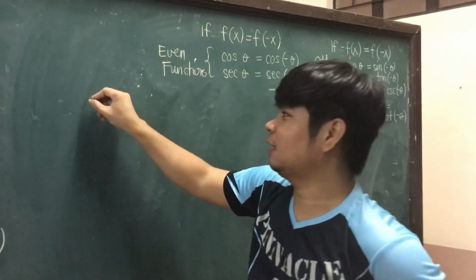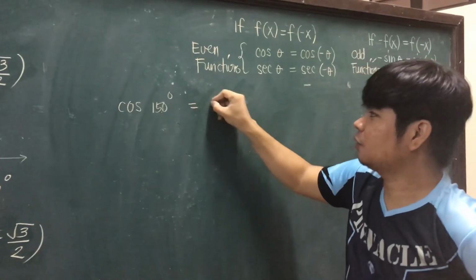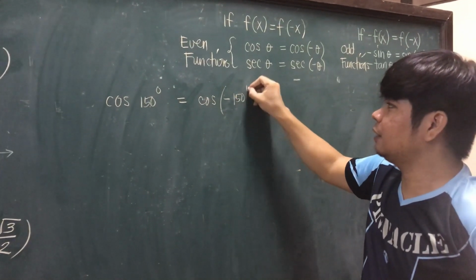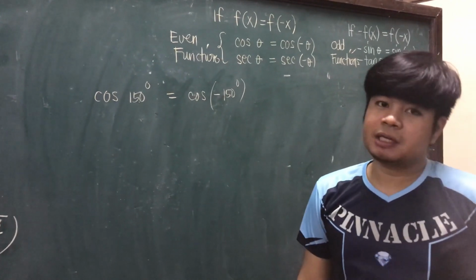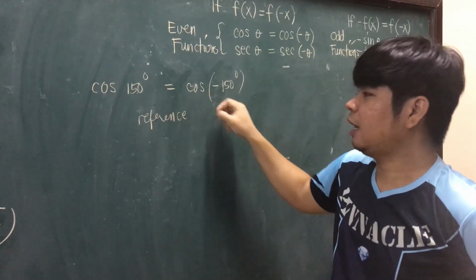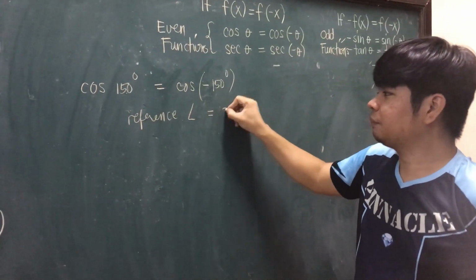We can also say that cosine 150 degrees is equal to cosine of negative 150 degrees. Why? They have the same reference angle. The reference angle of this angle 150 degrees is 30 degrees.